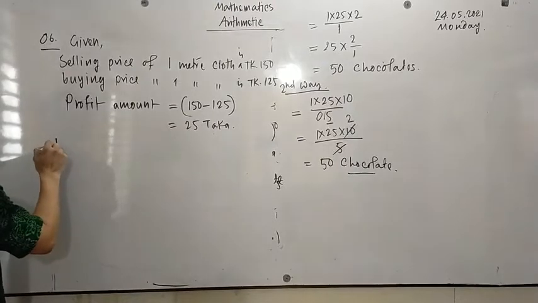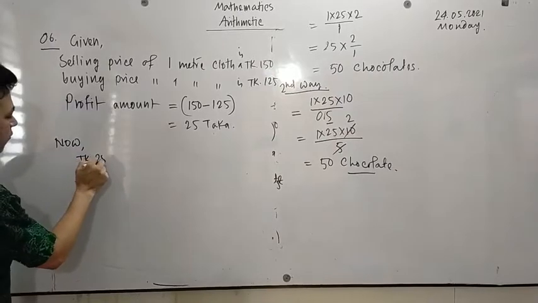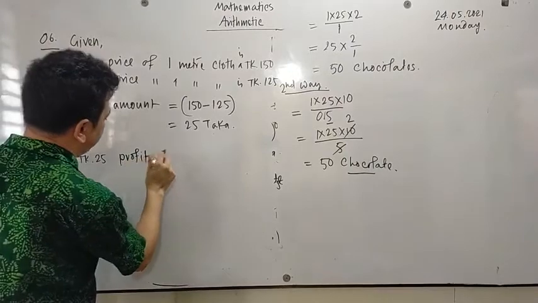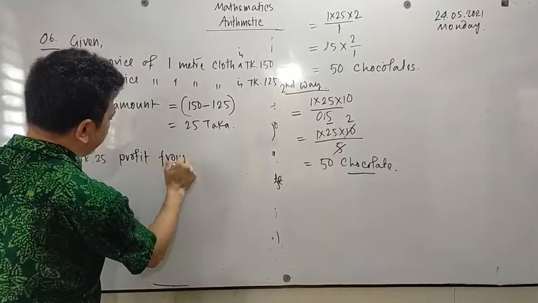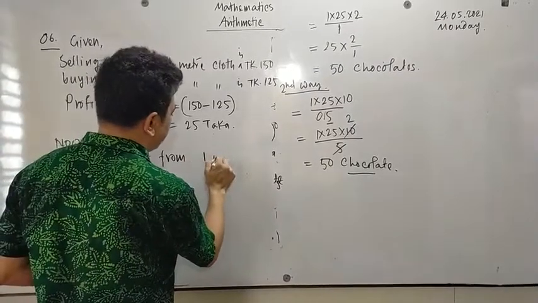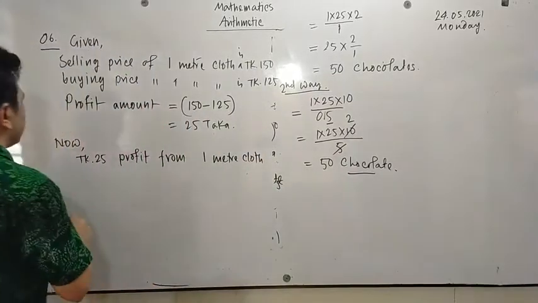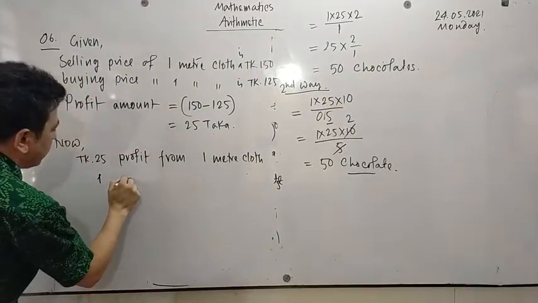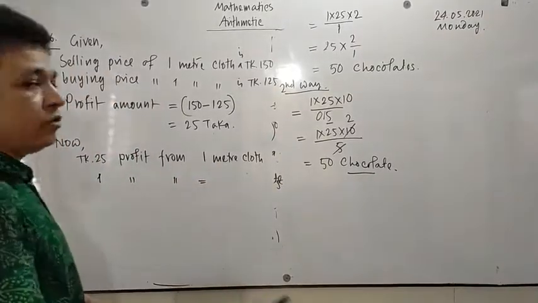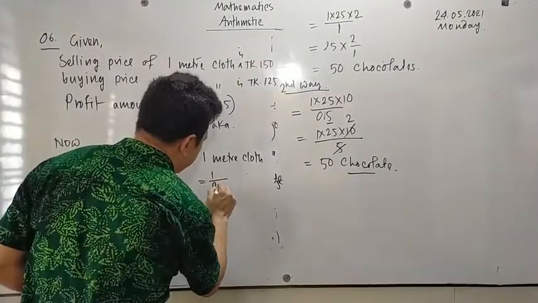Now we can write: 25 taka profit from 1 meter of cloth. So 1 taka profit comes from, of course, less than 1 meter of cloth. That is why I am dividing 1 by 25.